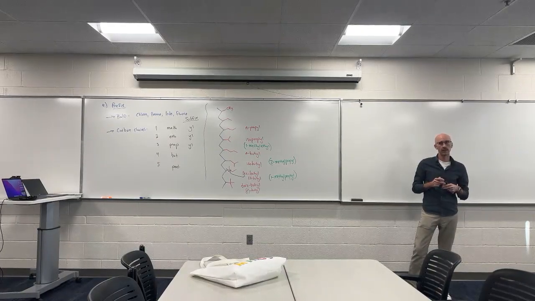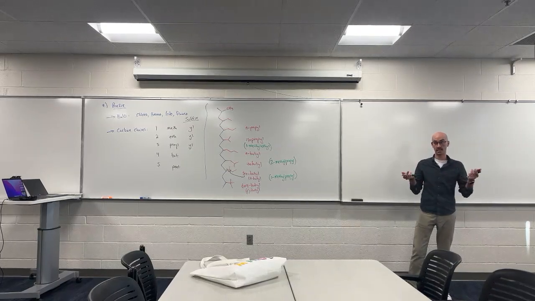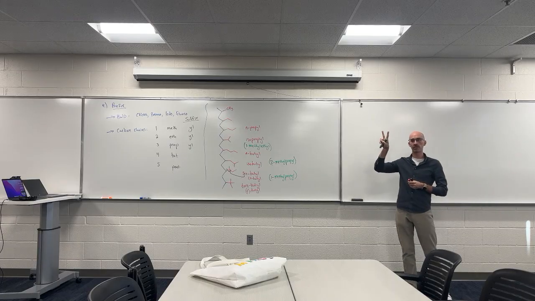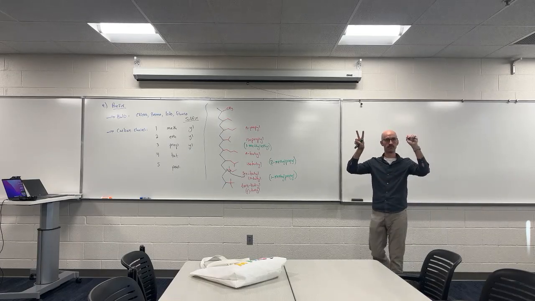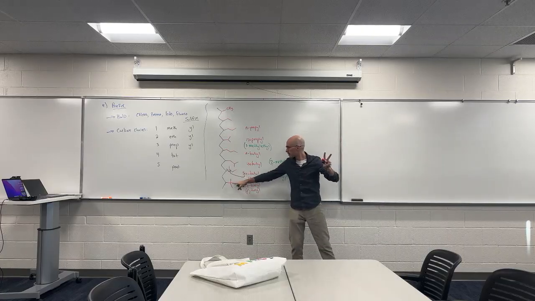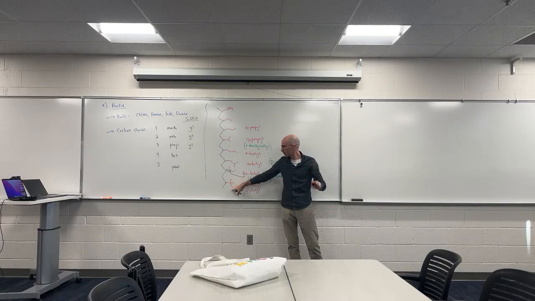How long is the longest carbon chain in the substituent? Just 2 carbons. This is an ethyl group. How many carbons coming off of that 2-carbon chain? Here's my longest chain, 1, 2.